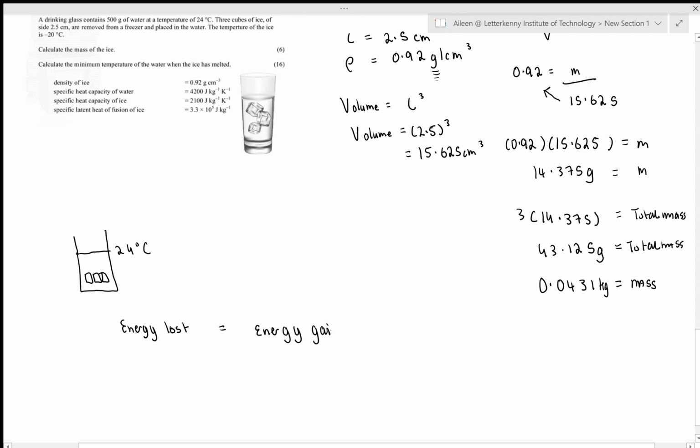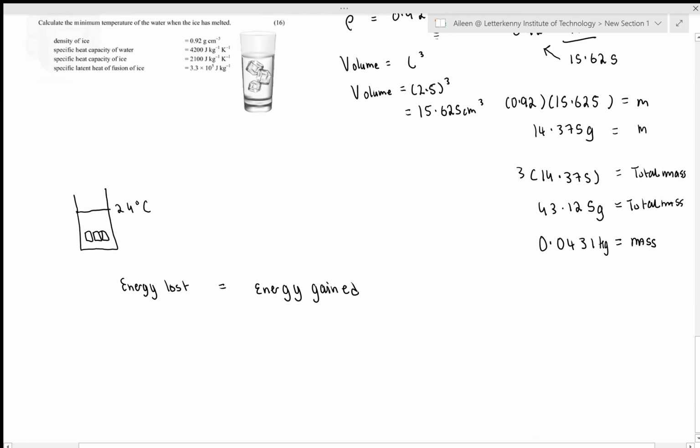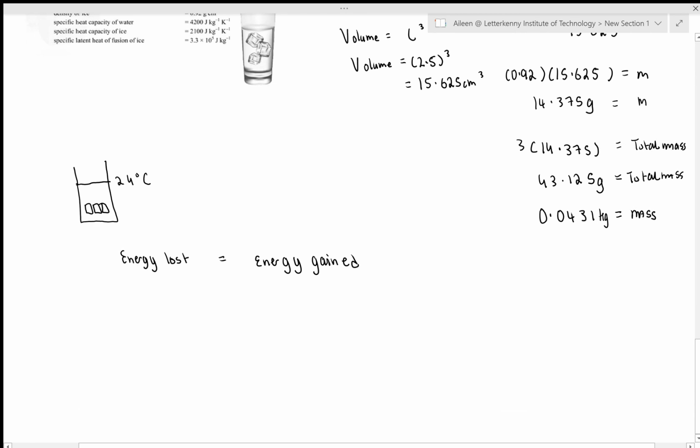So we have to figure out what's losing energy and what's gaining energy. Okay, what's losing energy? So our hot water at 24 degrees is losing energy. So our water is going to cool down. So our water loses energy by cooling down. So there's a change in temperature.